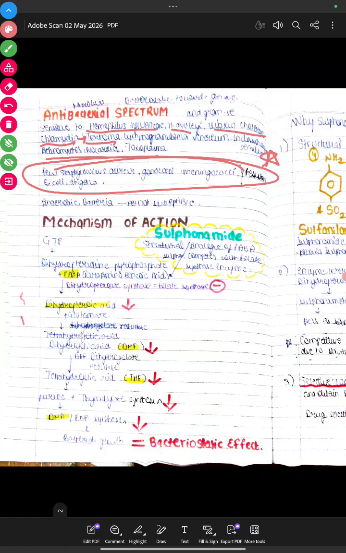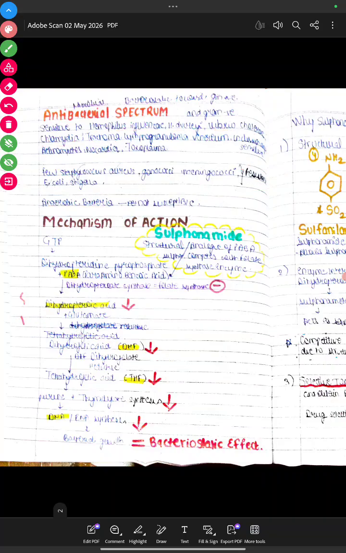It was useful earlier, but now there is resistance, like staphylococcus, gonococci, meningococci, E. coli, Shigella. And anaerobes are not susceptible. But if we classify them against gram positive and gram negative bacteria, then it will be easy for us to remember the spectrum.